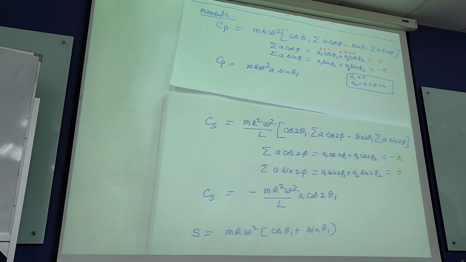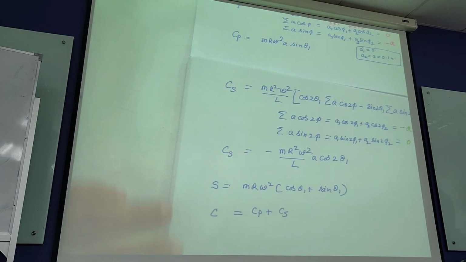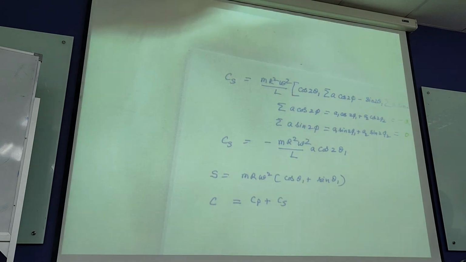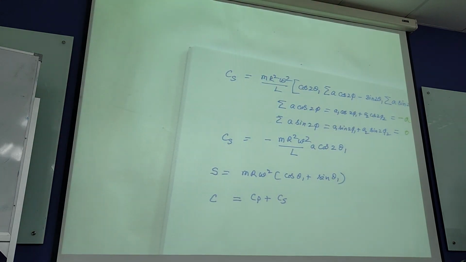Okay, so the moment C will be Cp plus Cs. So the total moment is Cp plus Cs. Cp is mr omega square into A sin theta 1.